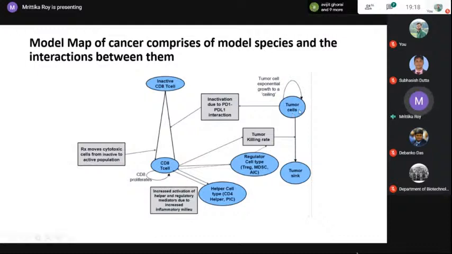If it's a lung cancer model, as I said before, we know this is the average size of a lung tumor. This is the density of tumor cells present in a particular biopsy. This is the density of the immune cells present in a particular biopsy. Once that data is incorporated into the model, it actually makes the model more robust and biologically feasible.